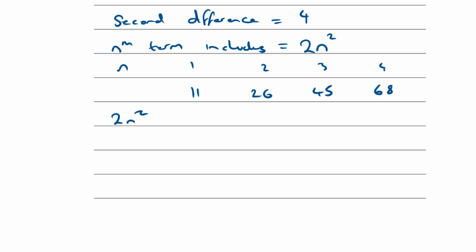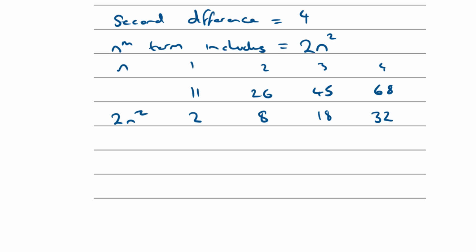Okay, so if n is 1, then 2n squared is 1 squared times 2 is 2. If n is 2, 2 squared is 4 times 2 is 8. If n is 3, n squared is 9 times 2 is 18. And if n is 4, n squared is 16 times 2 is 32.